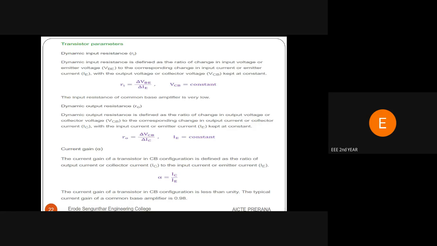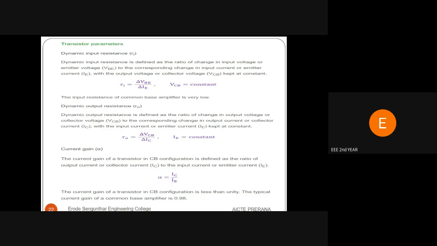From the input-output characteristics, we get 4 parameters for common base configuration. The first parameter is input resistance. The input resistance is defined as the ratio of change in input voltage, here emitter base voltage, and corresponding change in input current, here emitter current, with the output voltage, here collector voltage, kept constant.